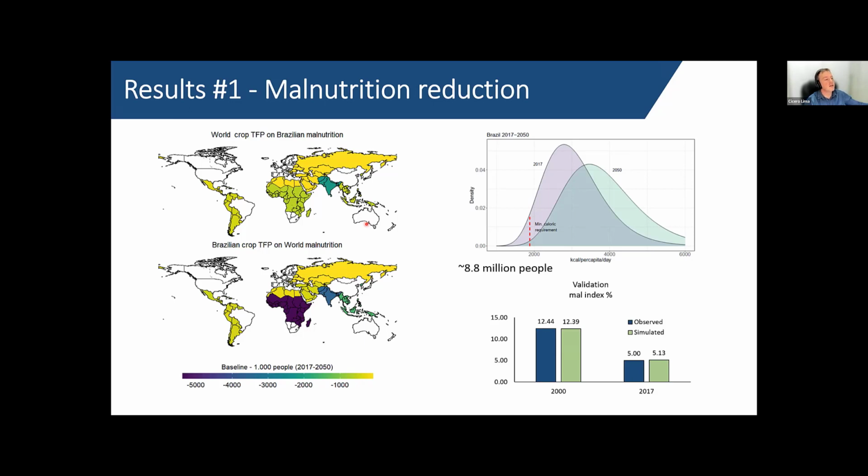In the upper map, you can see the opposite effect: when the world is increasing its ability through this investment and increasing crop output, how this contributes to the reduction in Brazilian malnutrition. You can see that we have some strong effect, not as strong as what Brazil has, but from South Asia. Of course, we are not tracking the trade effects here because we don't have them in the model.